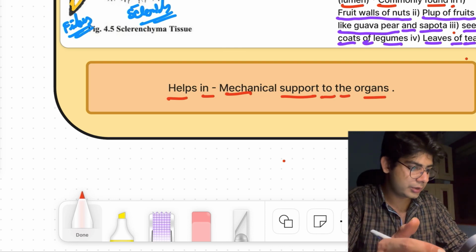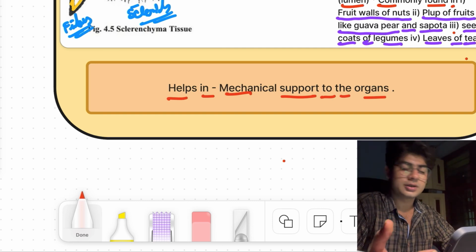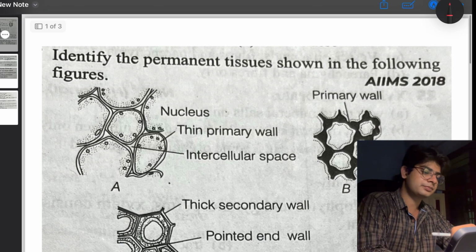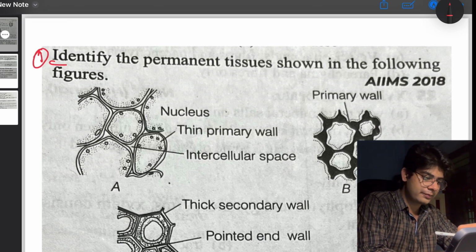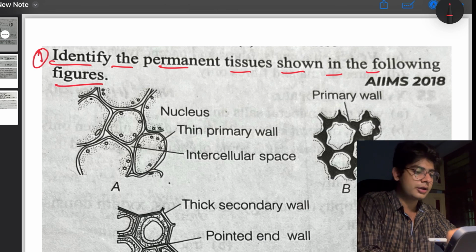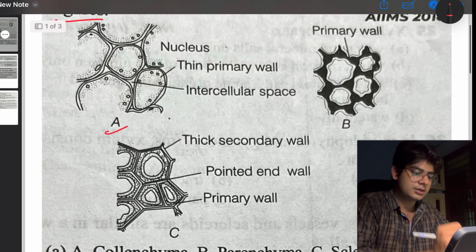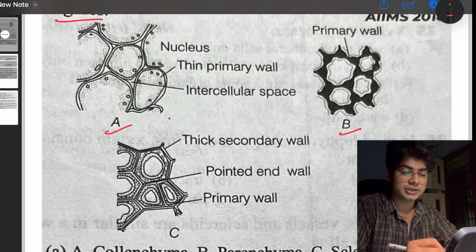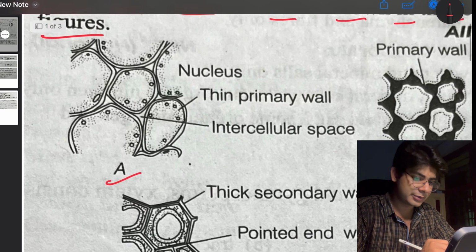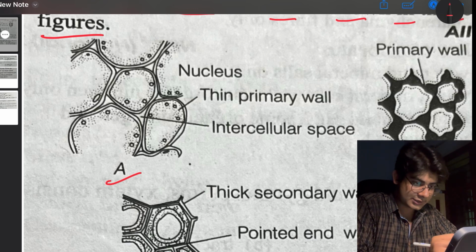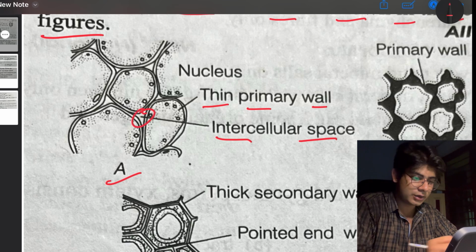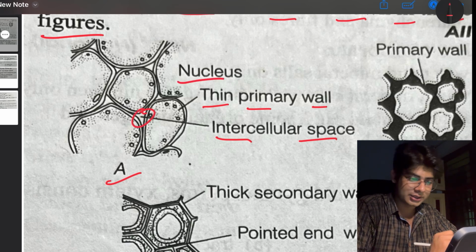So now we're gonna skip to the questions. Question number 1. Identify the permanent tissues shown in the following figures. This is picture number 1, this is picture number 2, and this is picture number 3. In the first picture, we have cells which have thin primary wall, intercellular space, and a nucleus.